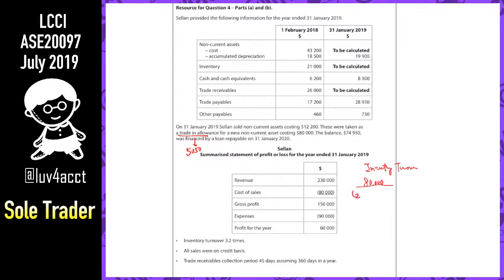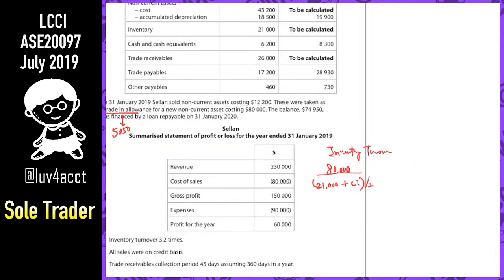Opening inventory would be 21000 plus closing inventory, we don't know how much, divided by 2, then we have 3.2 times. 80,000 divided by 3.2 is 25000.